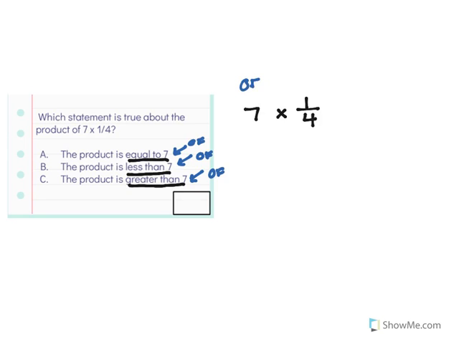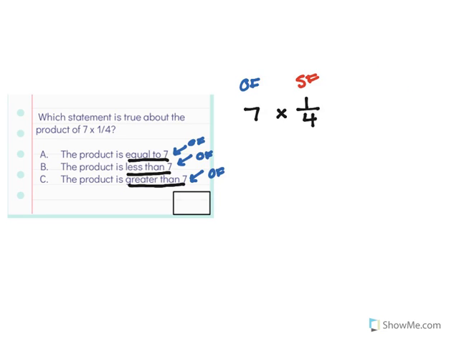Not because it's the first number, but because it's the number we're comparing to. Even if we wrote this as 1/4 times 7, 7 would still be our original factor, and 1/4 would be our scale factor.